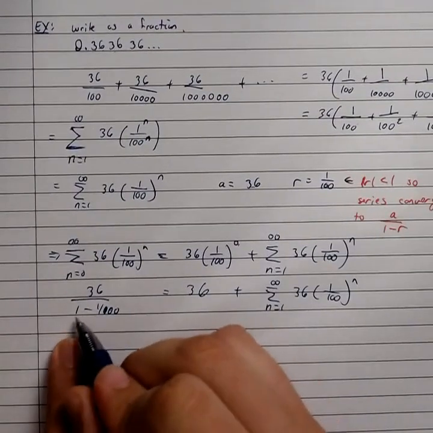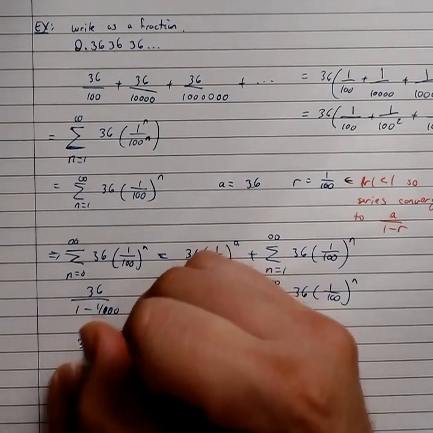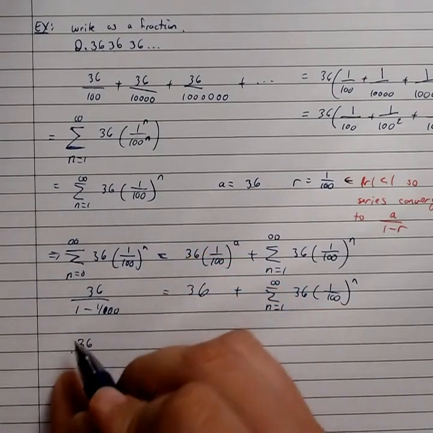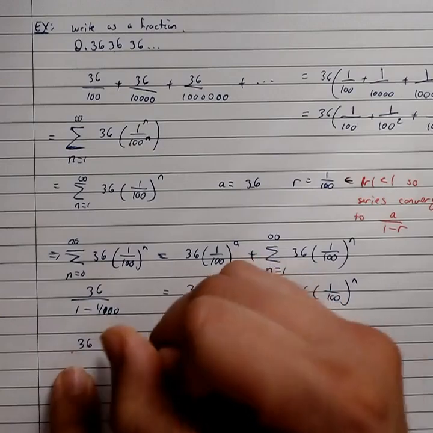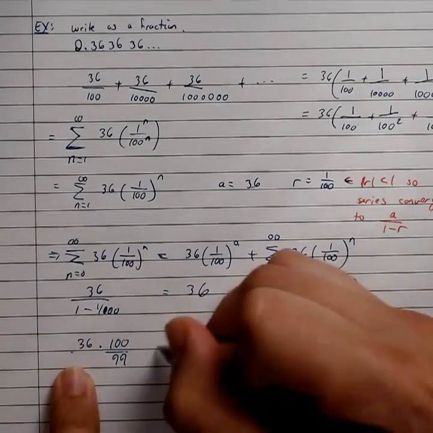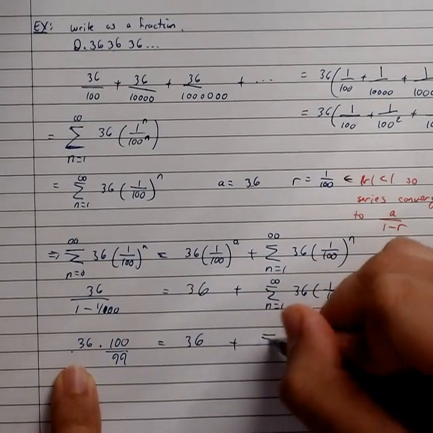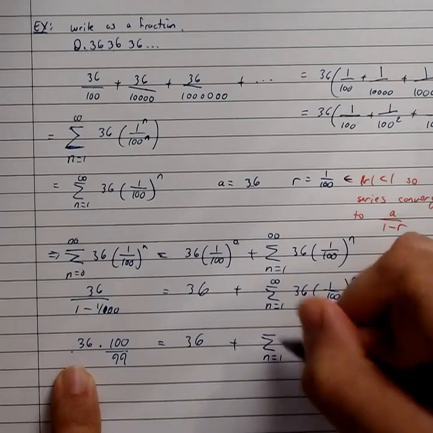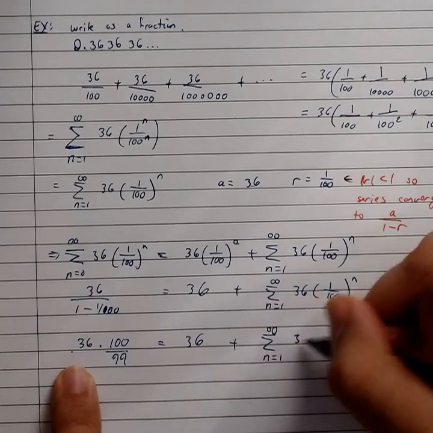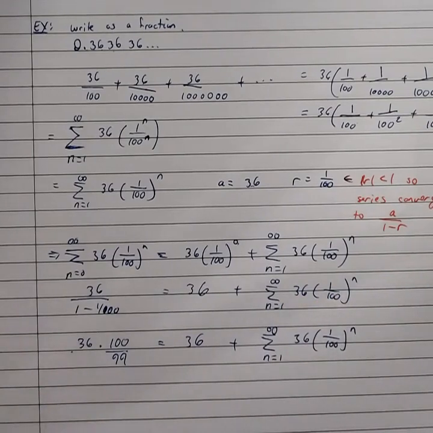Oh, but 1 minus 1 over 100, that's 99 over 100. So that's 36 divided by 99 over 100. That's the same as saying times 100 over 99, which is equal to 36 plus that stuff there. Just like that.